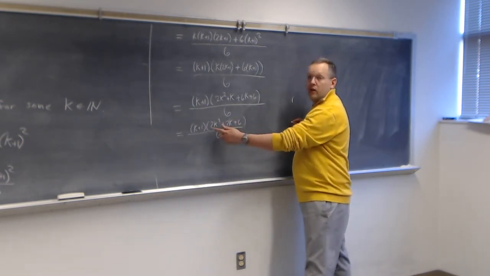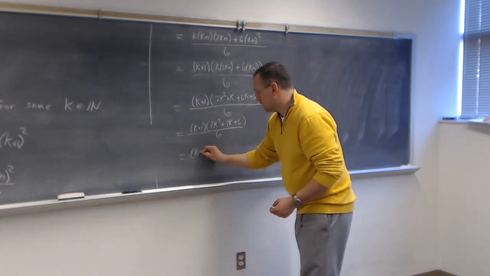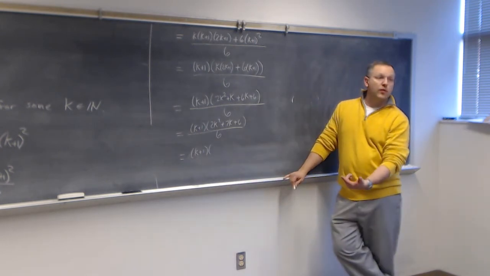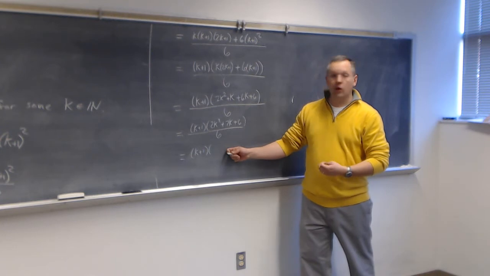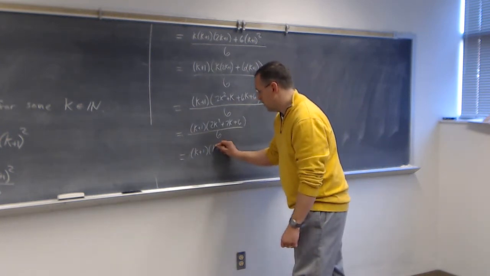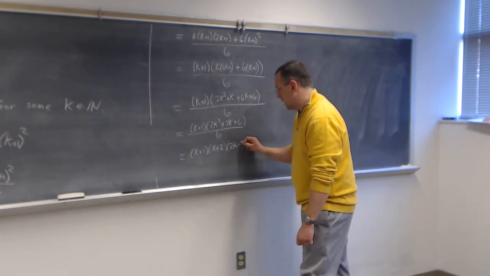All right, so this is a trinomial that I can factor. If I work from the back to the front, I already wrote this last fraction right here. It's going to be k plus 2 times 2k plus 3.